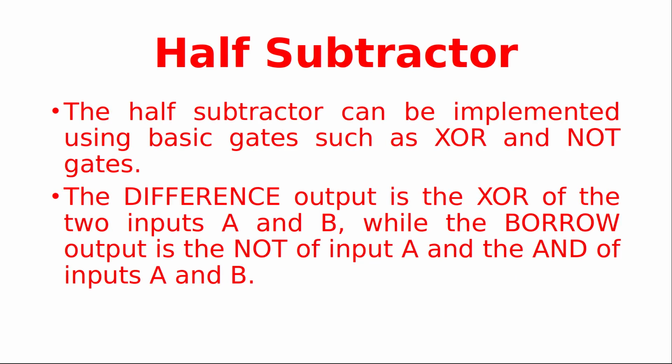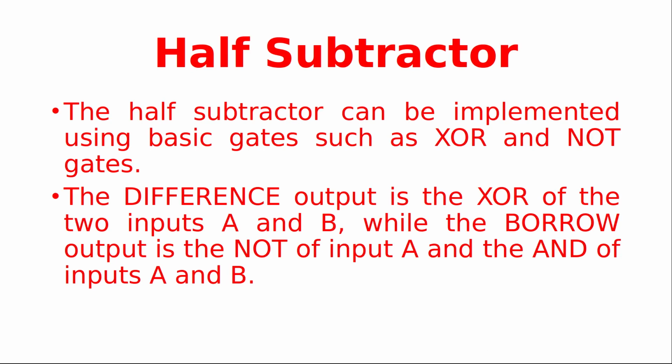Okay, so in a half subtractor, the XOR gate exactly matches the difference. But in the case of borrow, we use an AND gate with two inputs A and B, where one input is complemented, then we get the borrow.